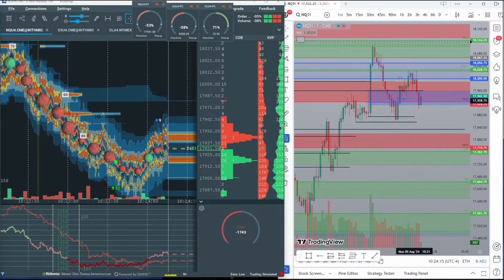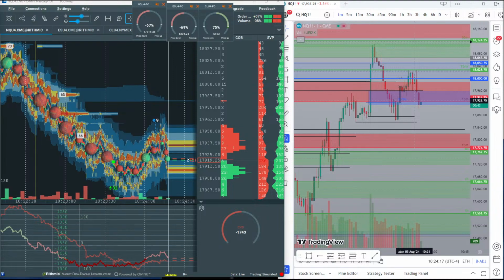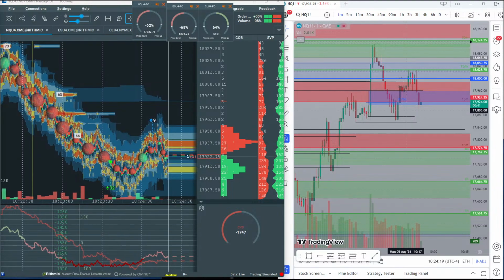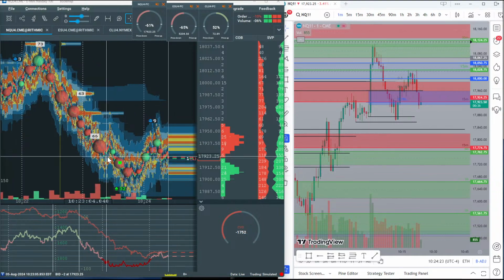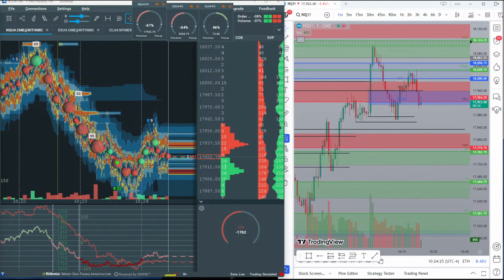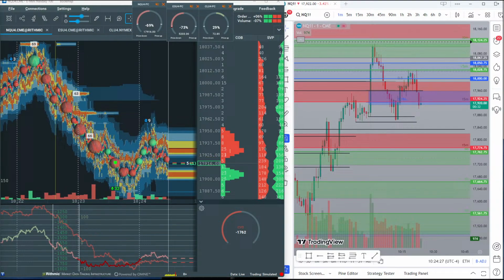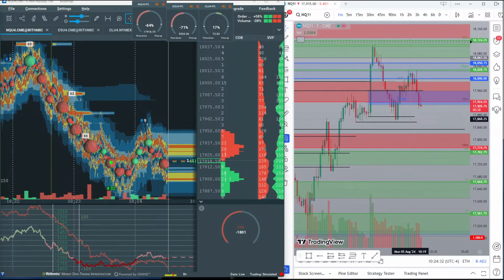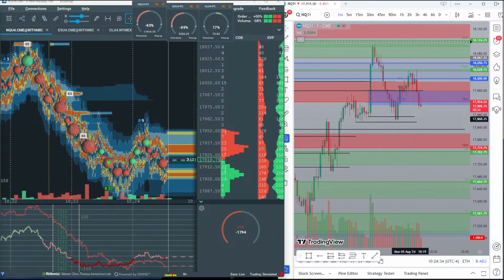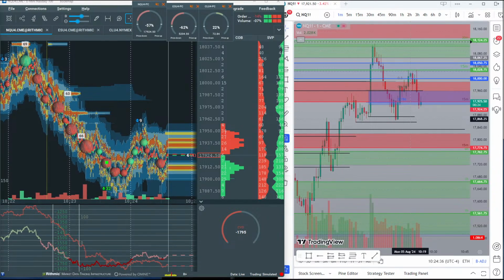My phone's dinging off the hook. Wow, my friend just hit 750% on Nvidia.